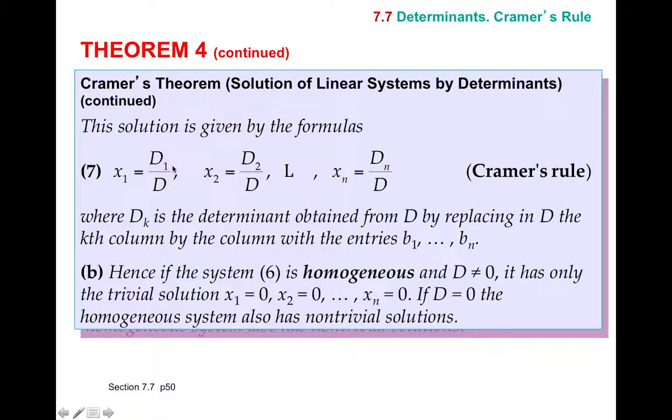We basically would take the B vector and substitute it for the coefficients multiplying x1. Continue that in sequence all the way through xn, and you'll get the specific solution. So if the system's homogeneous and D is not equal to 0, it will have only the trivial solution. If D is equal to 0, then the homogeneous system will also have a non-trivial solution.